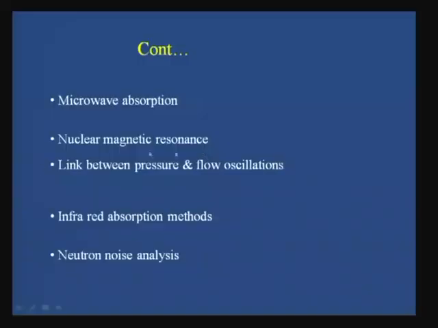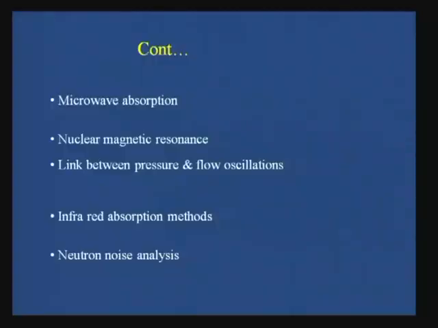So, this particular technique, the link between pressure and flow oscillations, is primarily used for sodium liquid vapor systems. By using a pump, we impose some pressure oscillations. From this pressure oscillation, some flow oscillations are induced. These flow oscillations depend upon alpha.